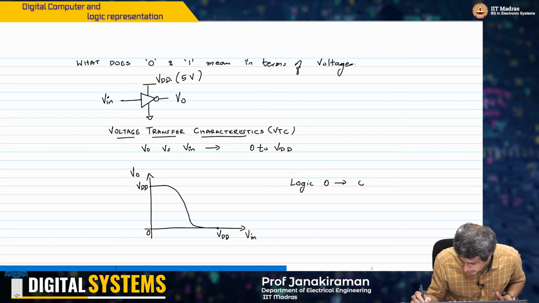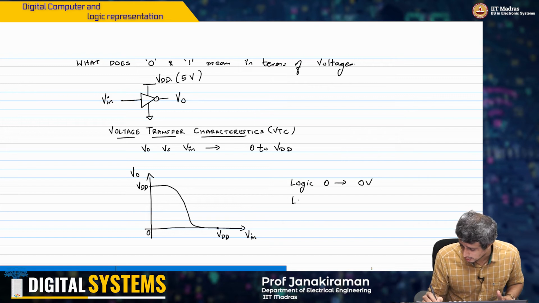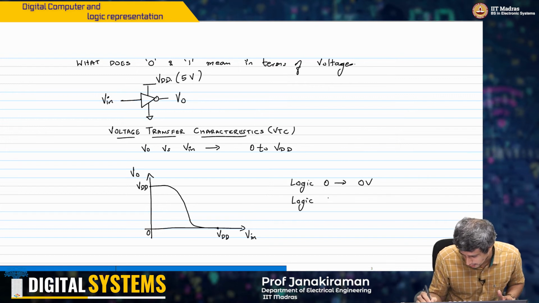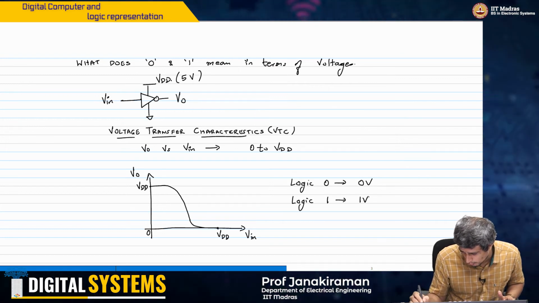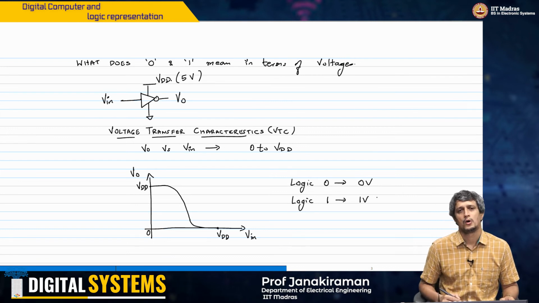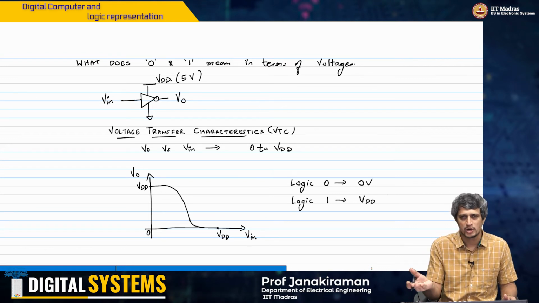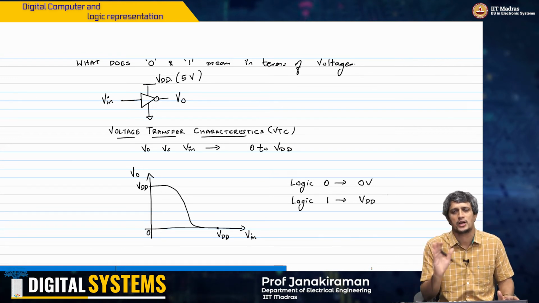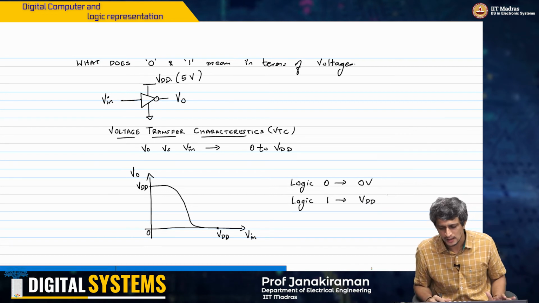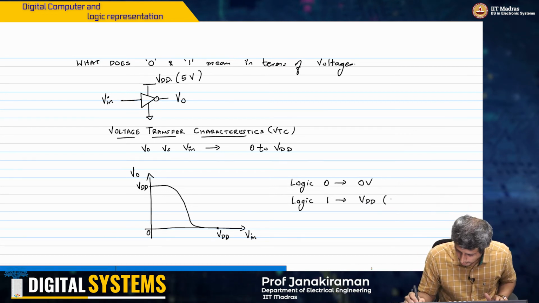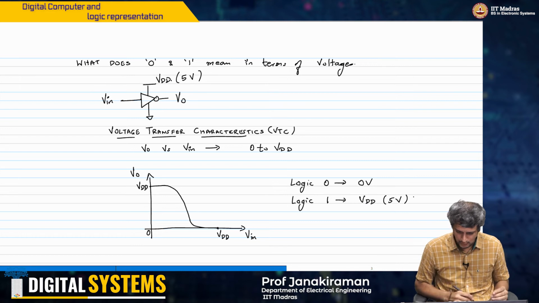Logic 1 is not 1 volt, I would say VDD. It could be 5 volt, it could be 3.3 volt, whatever the supply voltage is for that technology and that IC.